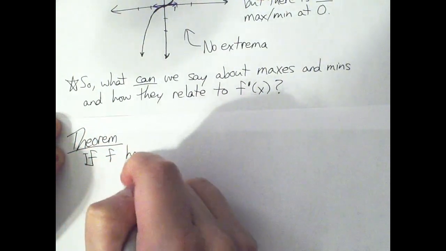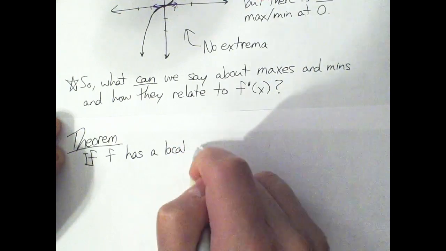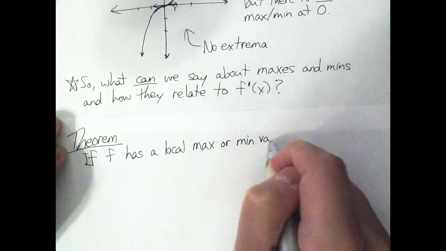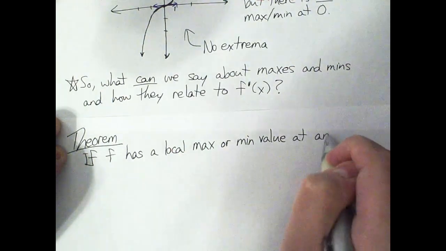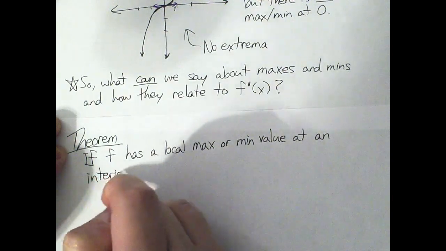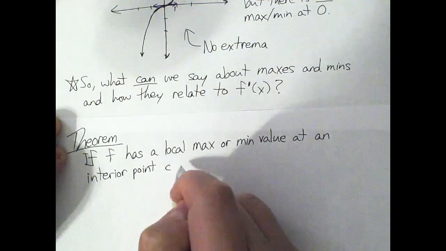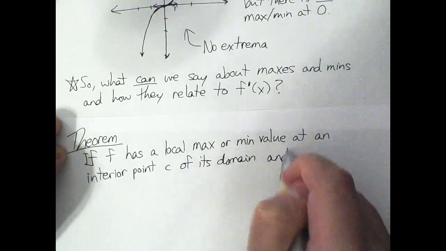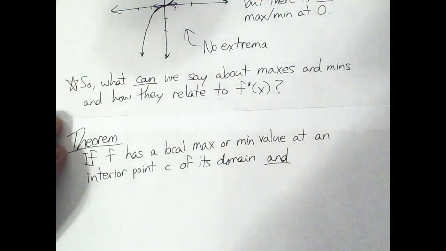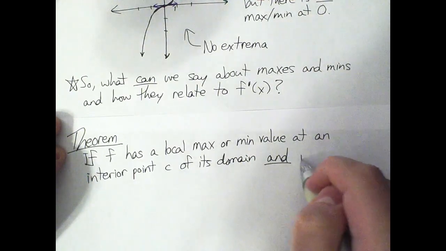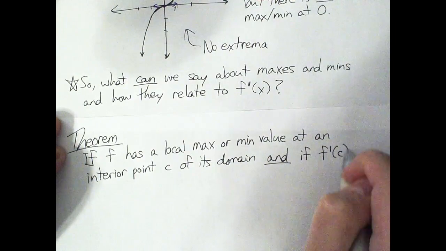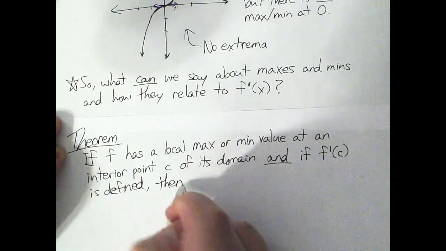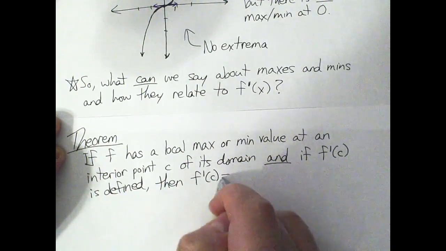If f has a local max or min value at an interior point C of its domain, and I'm underlining that, if f prime of C is defined, then f prime of C equals 0.